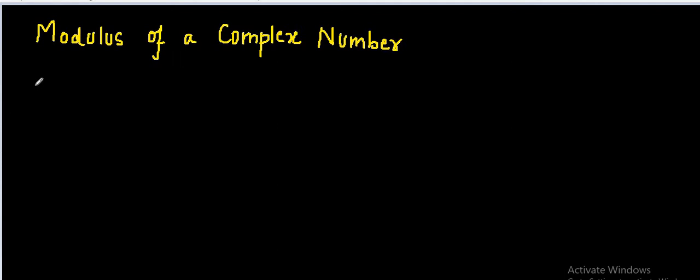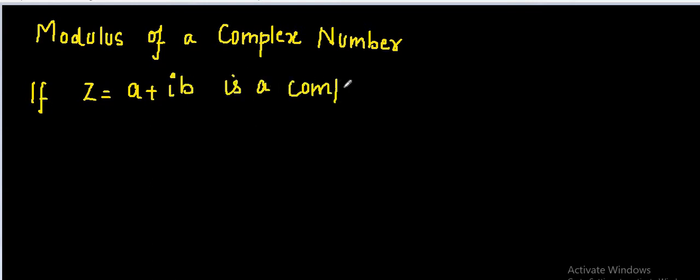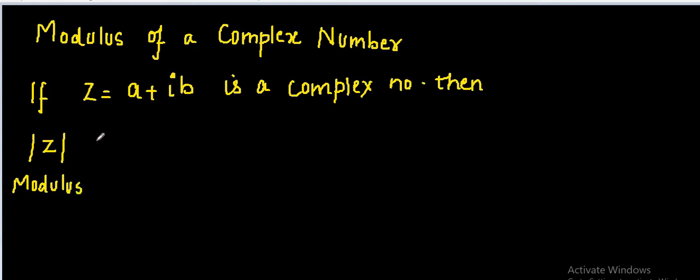See, if z is equal to a plus iota b is a complex number, then mod z, also known as modulus of z, is a real number, a real positive number.